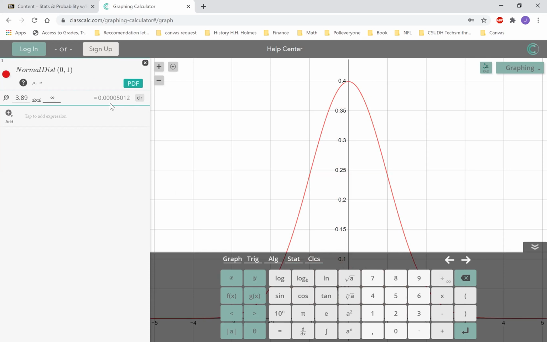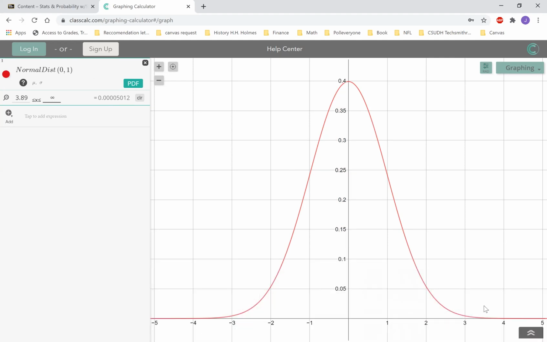If you look at that, we get 0.00005. How many zeros are there? 1, 2, 3, 4. So we'll put 0.00005. Also, if you look over here in class cal, you can see it didn't cover that much of a probability. And that's it for C.